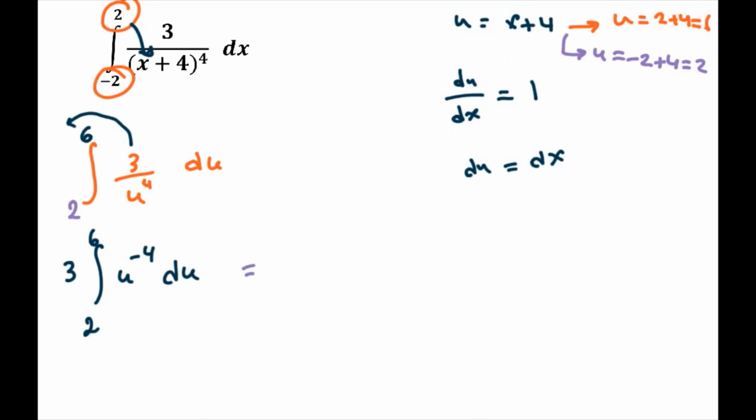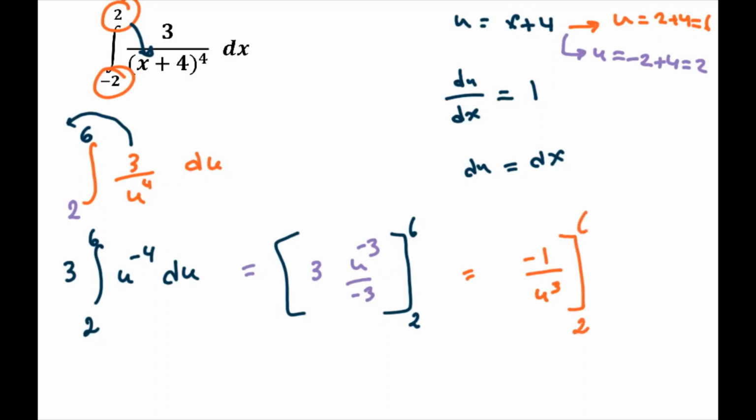And that's going to be equal to 3u to the power of negative 4. The integration will be u to the power of negative 3 over negative 3, between 2 and 6, which is basically equal to negative 1 over u cubed from 2 to 6.